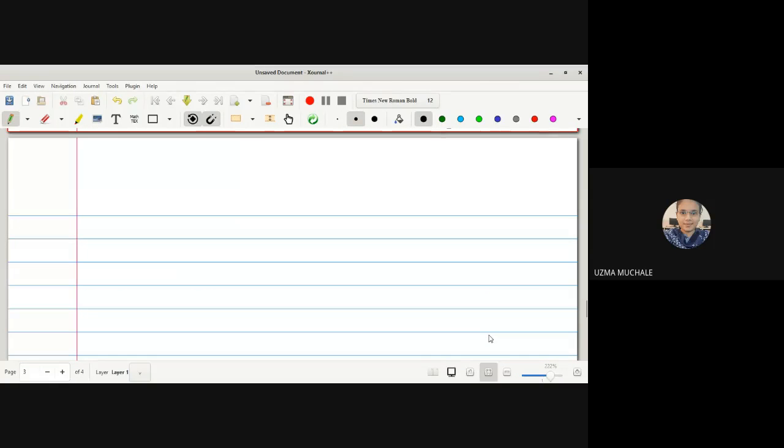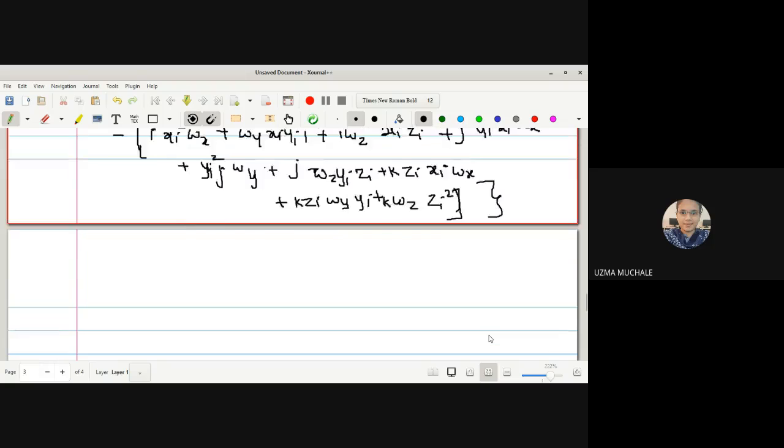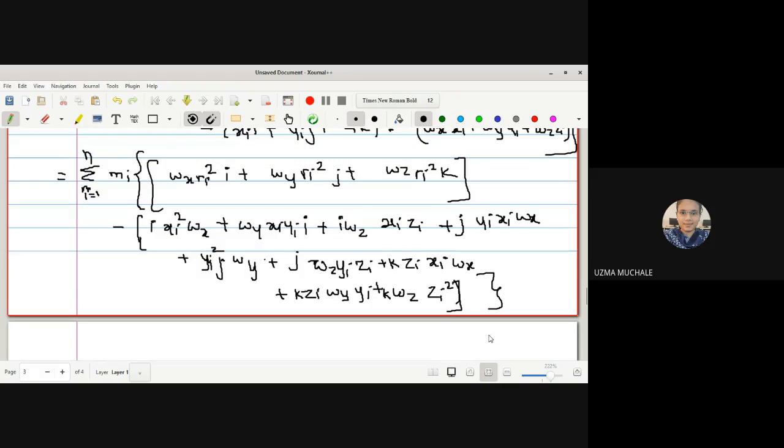Okay. Now what we have to do, we have to collect the common terms in such a way that we can write the simplifications. Writing the simplification, first we will collect the coefficients with wx, wy and wz. What are the coefficients of wx?